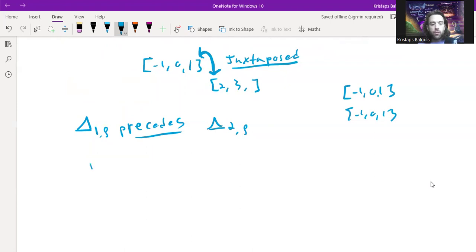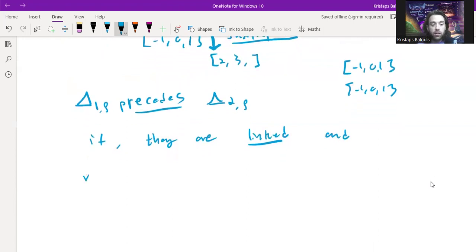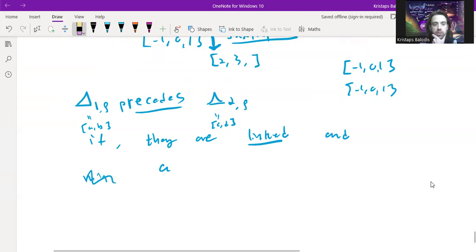Delta 1 precedes delta 2 if they are linked and the minimum element, AB and CD, they have to differ by one.